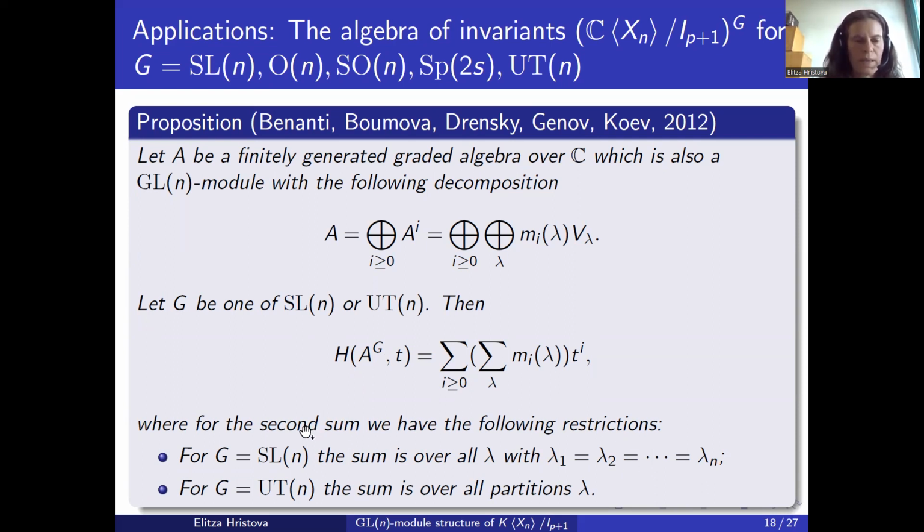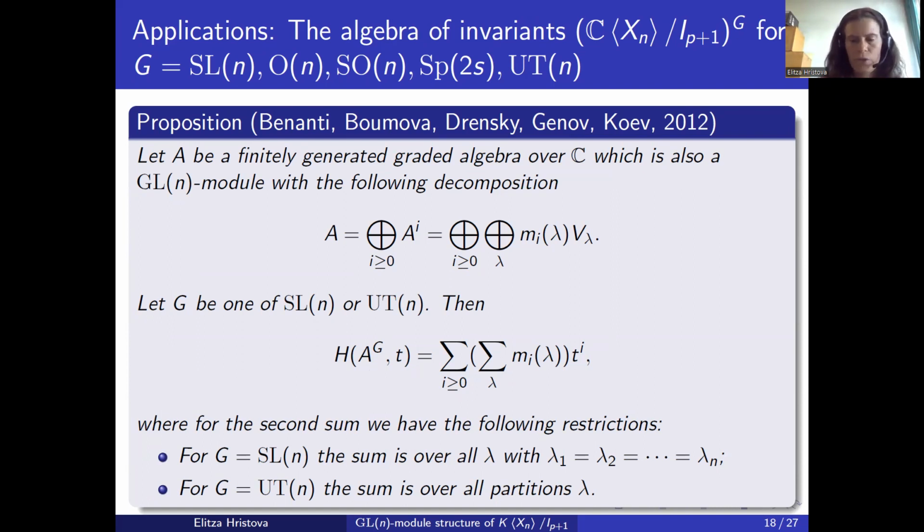And when G is the group of upper triangular matrices with ones on the diagonal, the sum is over all partitions lambda. There are no restrictions. So once we know the decomposition of A, we can find an expression for the Hilbert series of the algebra of invariants A^G.